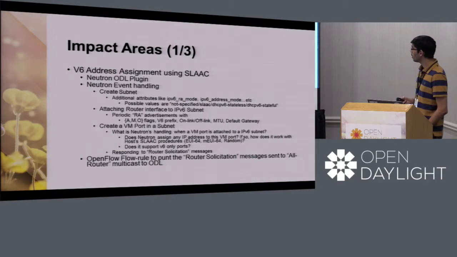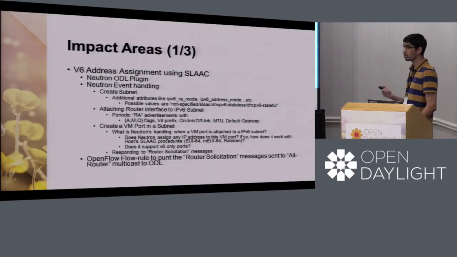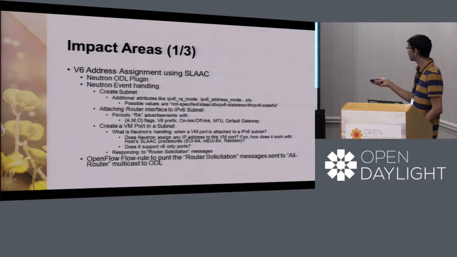Similarly, when a router interface is attached to the IPv6 subnet, this is when we need to start advertising the RA messages periodically based on these flags. You need to mention the IP management mode, whether it is SLAAC or DHCP based, or the M and O flags.